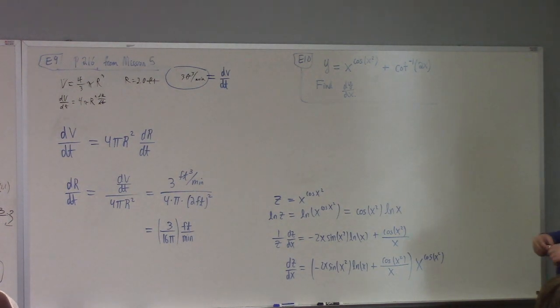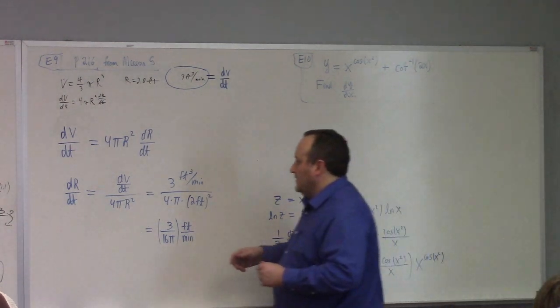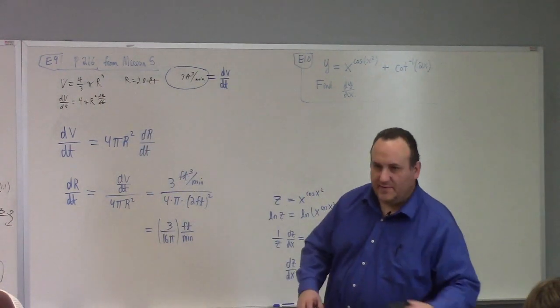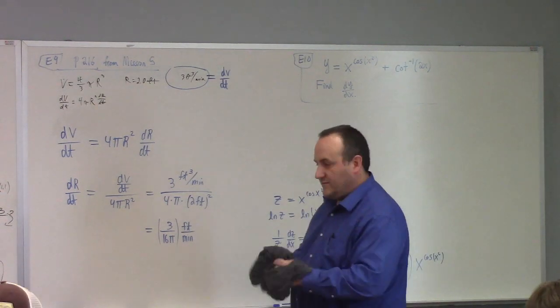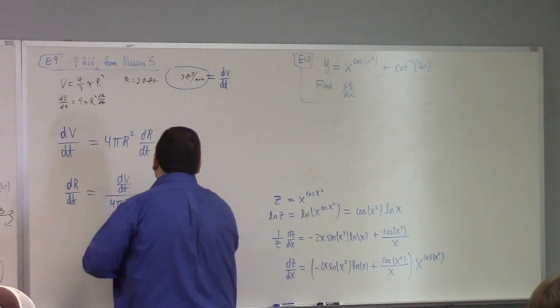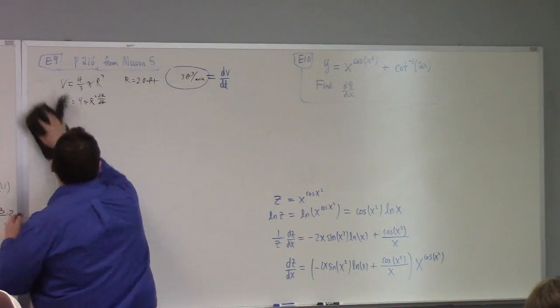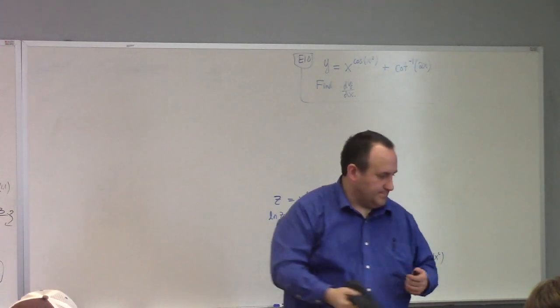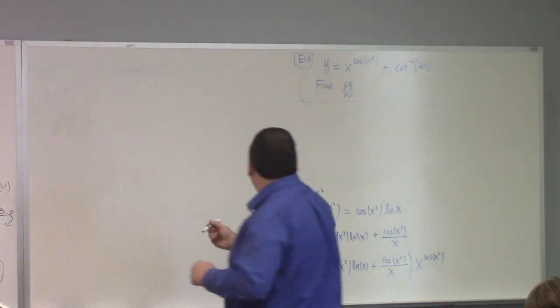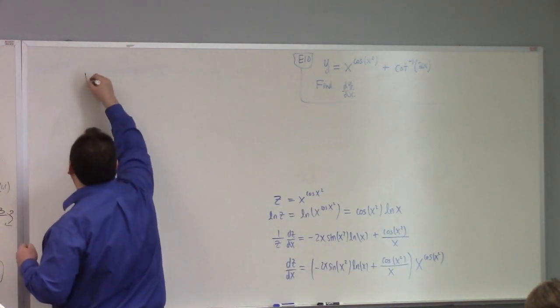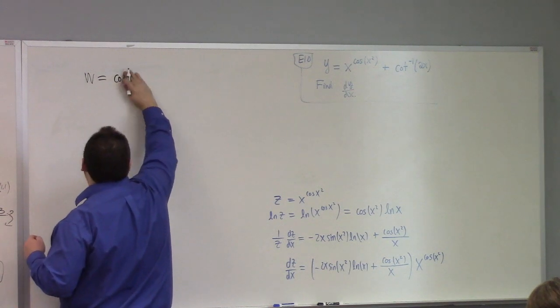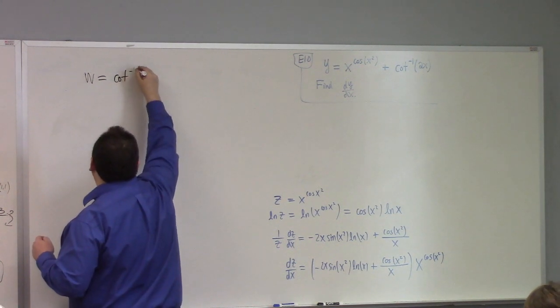Let's work it out. To work that out, I need some more board space. I'm going to erase this bit over here, if that's okay with you guys. So let's just say W is equal to inverse cotangent of x.